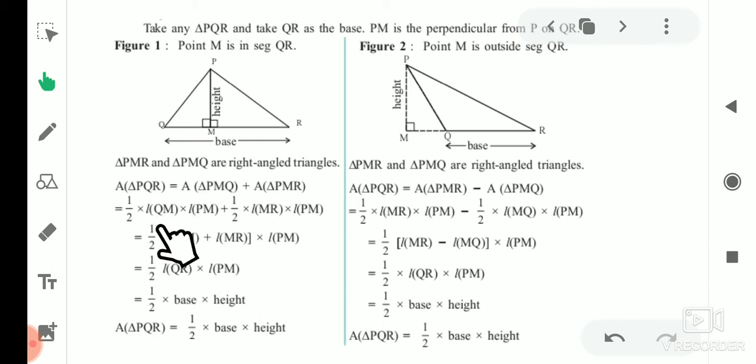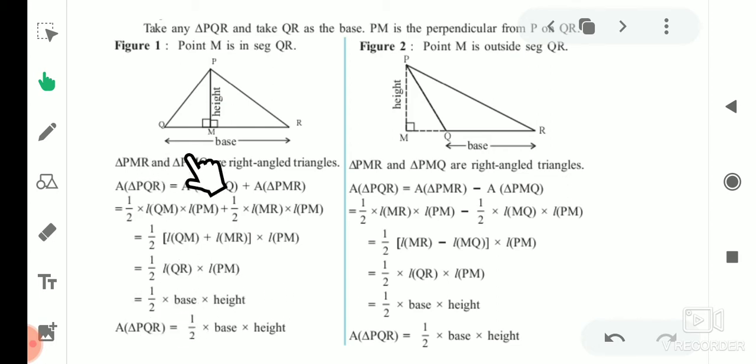So half into base into height, half into QM into PM plus half into MR into PM, right? So half into QM plus MR into PM. We take PM common. QM plus MR gives QR, that is half into QR into PM.